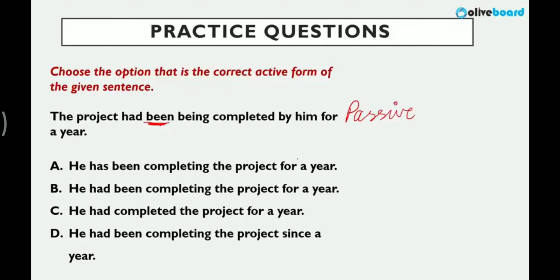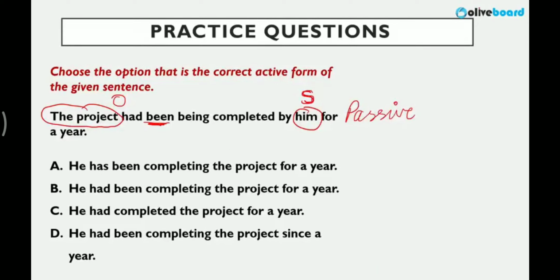Next question. The project had been being completed by him for a year. The sentence is in the passive, very clear. Now let's see the structure, okay? The project is the object, right? "Him" is the subject here, which means this is in the passive and we have to convert it into active. He had been completing the project for a year.